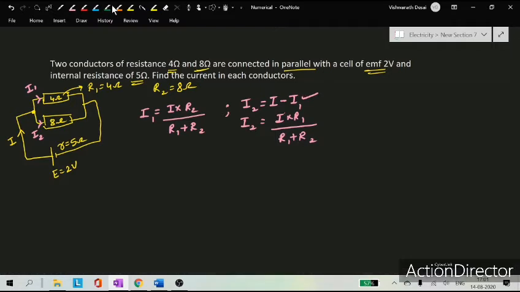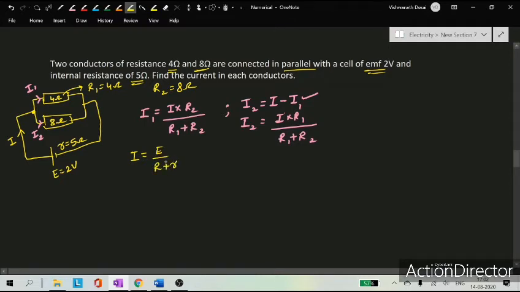Now, do you know the main current? We don't know the main current, right? First, we have to calculate the main current. To calculate it, we have to use Ohm's law. The formula is I is equal to V by R, or the formula I have given, I is equal to E divided by R plus r.